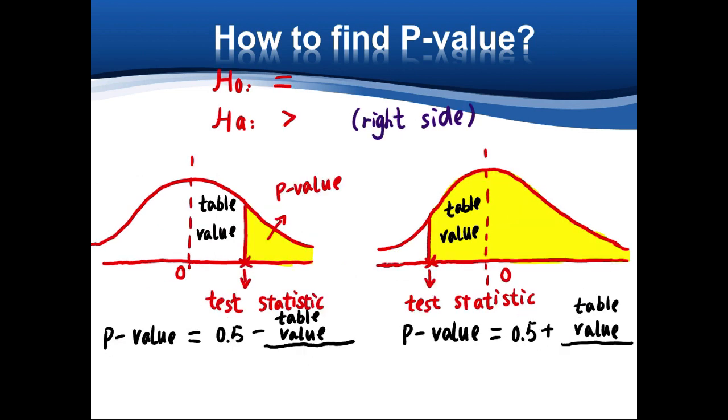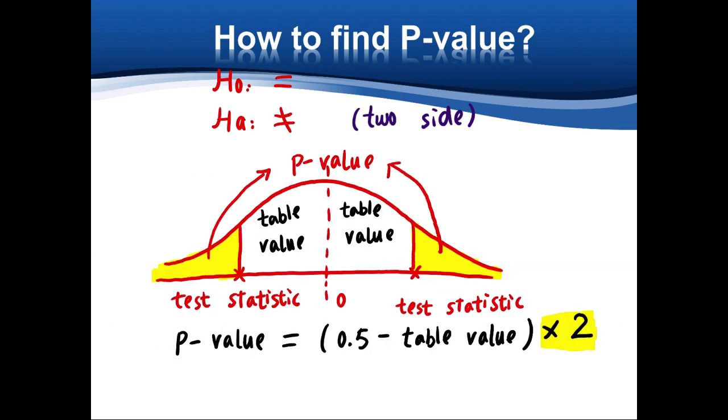If HA is bigger than, the p-value area in yellow will be on the right side. It is 0.5 minus or plus the table value. Similarly, if HA is not equal to, the p-value in yellow is on 2 sides, so you need to times 2 at the end.